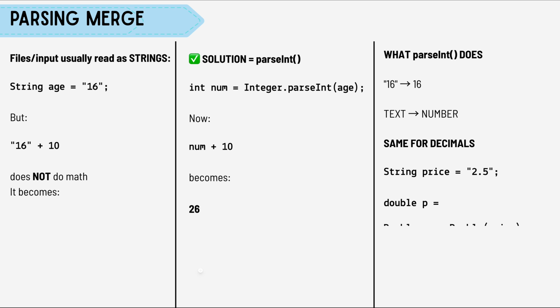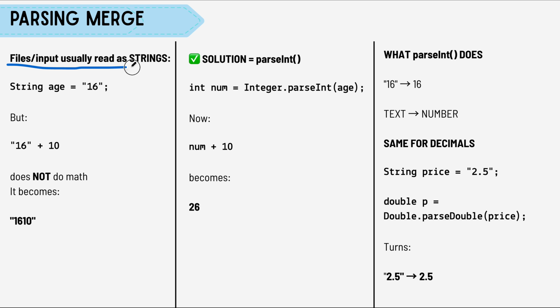Next is parsing, and this is about the file input. They are usually read as strings. So once I'm done reading a big file, I will have the things in quotations. There are always going to be quotations once you're done reading a file. If I'm trying to add a decade to the age, I don't want it to be 1610. I want it to be 26.